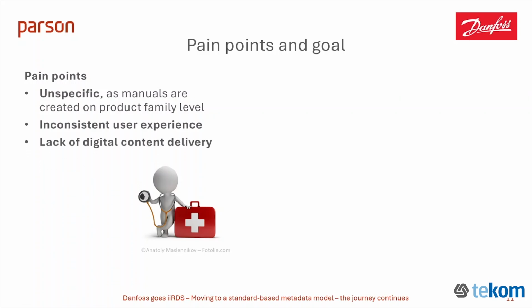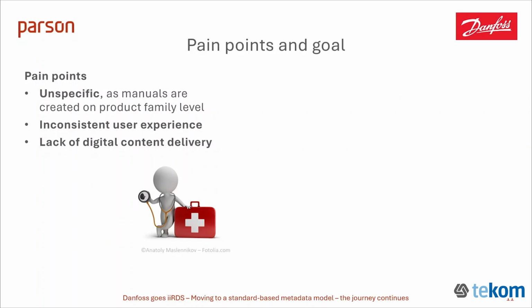We were having quite an inconsistent user experience because the manuals, due to mergers and different handling in the divisions, are not very consistent. You don't change everything after a merger, but you have to continue. So quite inconsistent depending on product line.